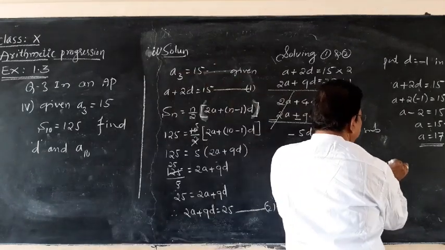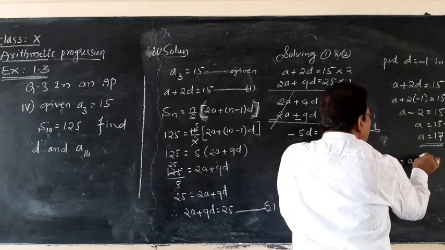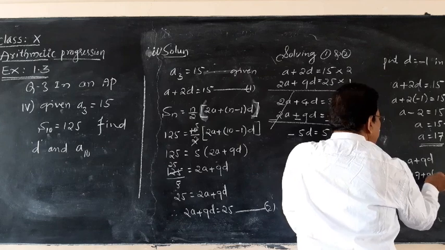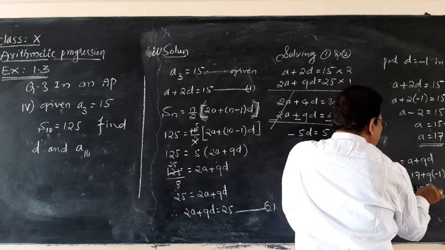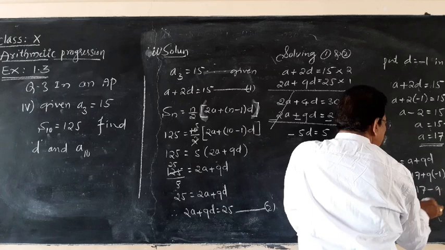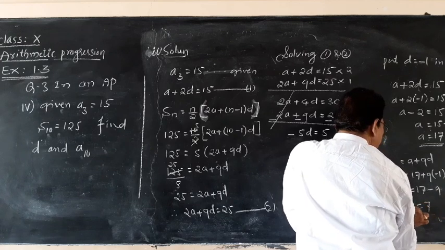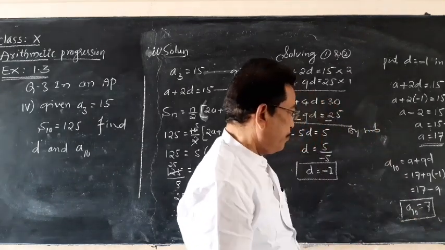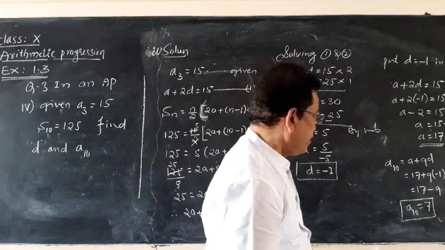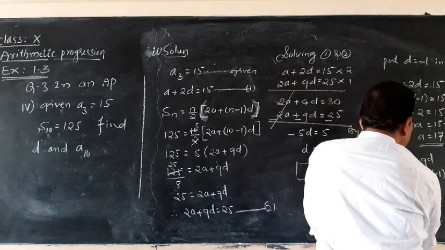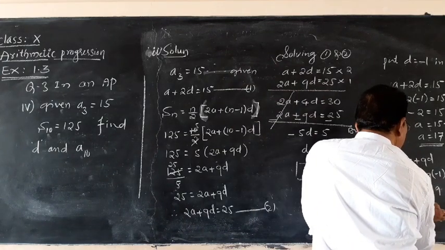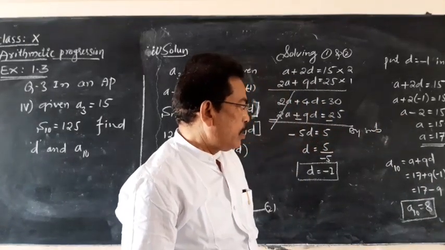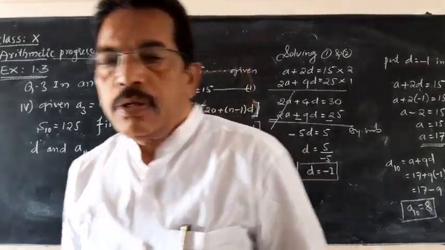Then a10 equals a plus 9d. 17 plus 9 into minus 1. 17 minus 9, that is a10 equals 8. Write down.